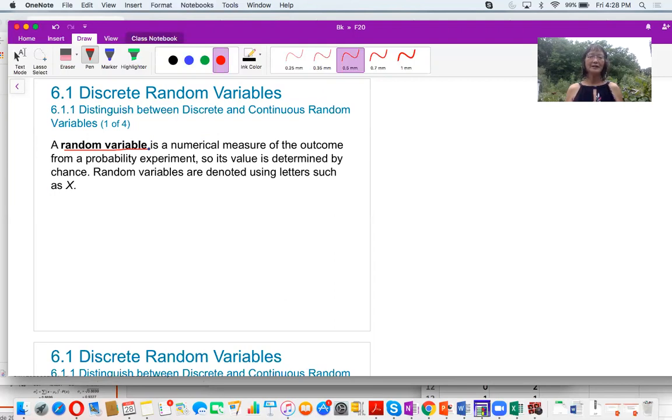Random variables are denoted using letters such as X. If I throw a coin, the outcome is either head or tail. So in this case, either head or tail is the random variable because the outcome is determined by chance. We don't know if it will be a head or tail.